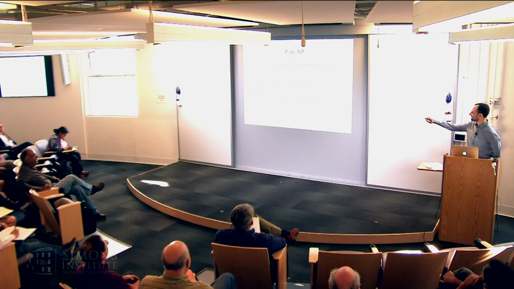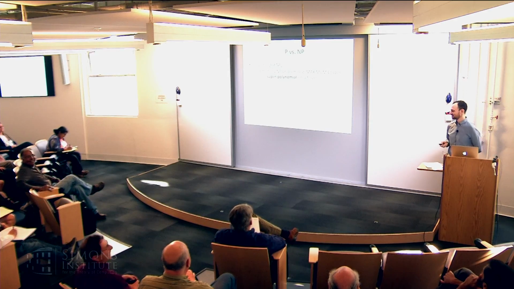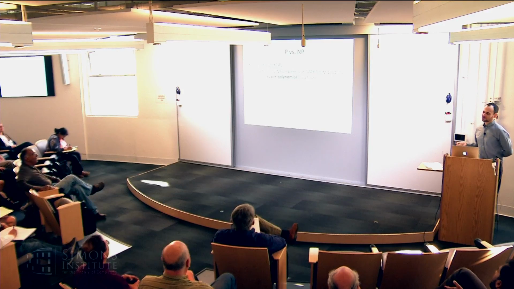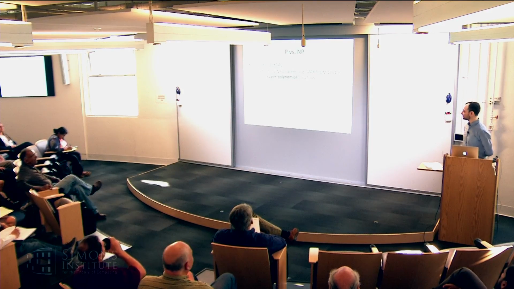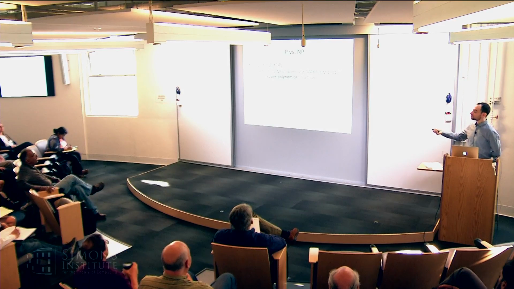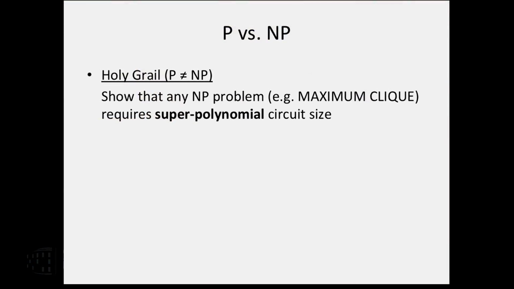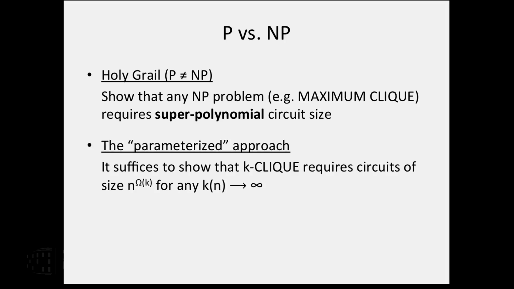Okay, so ignoring uniformity, the holy grail of circuit complexity, a path to showing P not equal to NP, would be to show that any problem in the class NP, for example, the maximum clique problem, requires superpolynomial circuit size. In fact, we believe that maximum clique requires exponential circuit size.